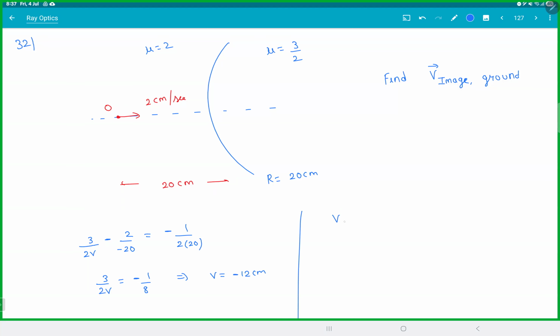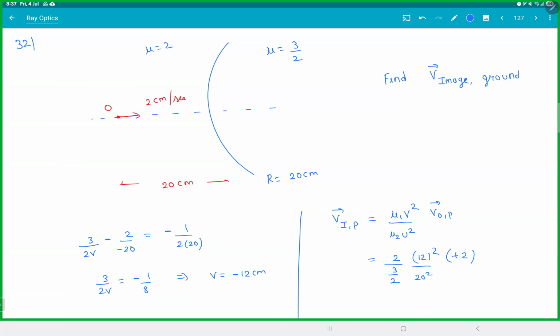So the velocity of the image with respect to the pole will be mu1 v square by mu2 u square, times the velocity of the object with respect to the pole. Mu1 is 2, by 3 by 2, v square is 12 square, u square is 20 square, and this is times 2.